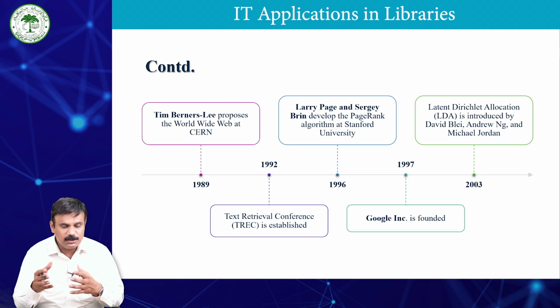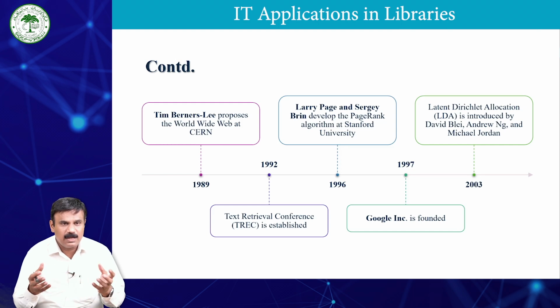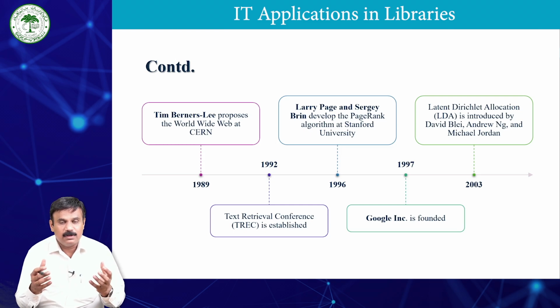In 1992, the Text Retrieval Conference was established. In 1996, Larry Page and Sergey Brin developed the PageRank algorithm at Stanford University. In 1997, Google was founded. You know, the search engine Google was founded in 1997.